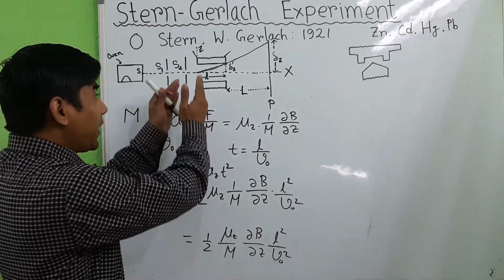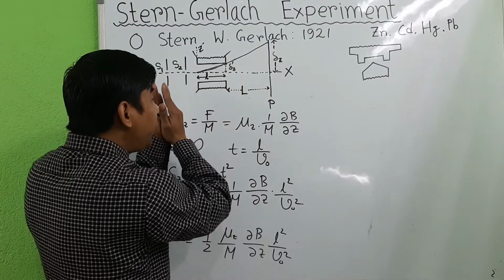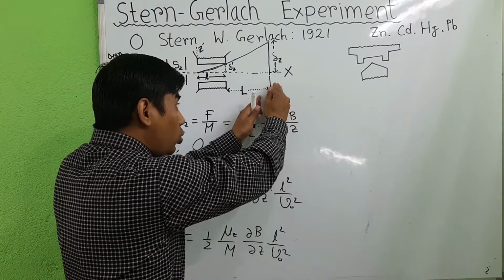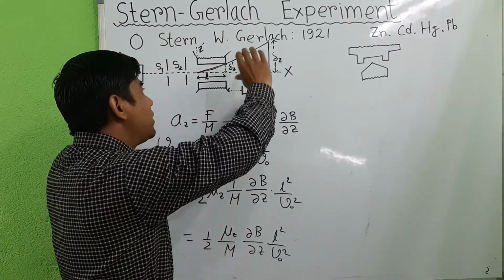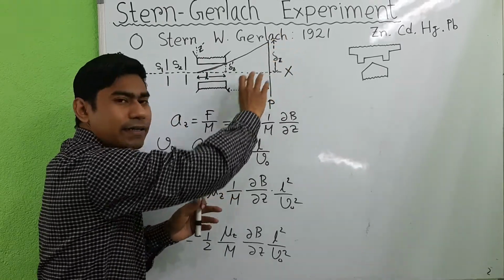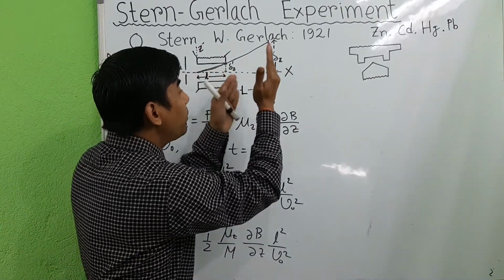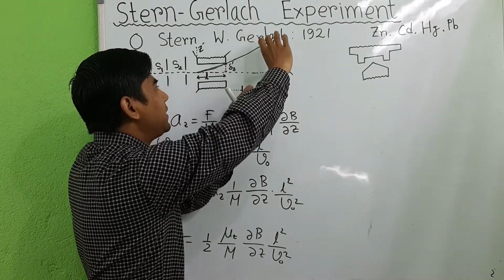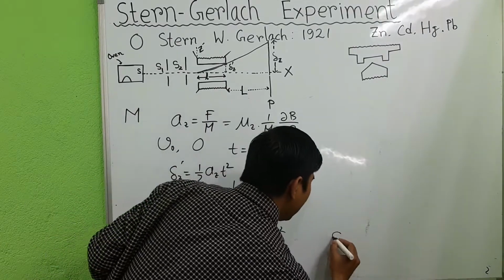Now on emerging from the magnetic field, when the atom reaches the photographic plate P, the total displacement in the z direction suffered by the silver atom is, suppose, delta z. So total displacement is delta z.